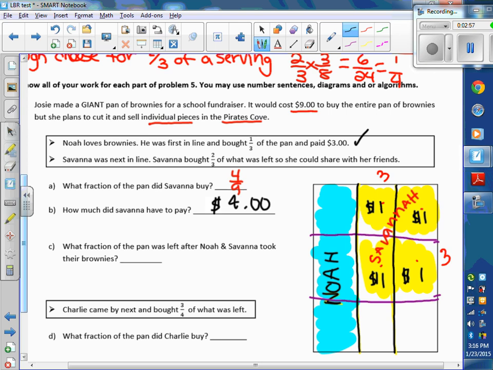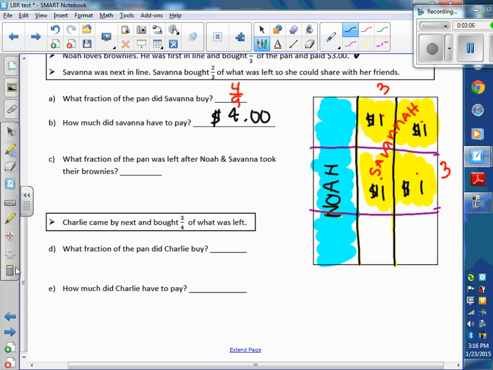So part C, what fraction of the pan was left after Noah and Savannah took their brownies? Well, the white part. How many parts are in that white part? 2 parts out of 9. Okay, now Charlie came by next and bought 3/4 of what was left. First of all, remember each little square here is $1.